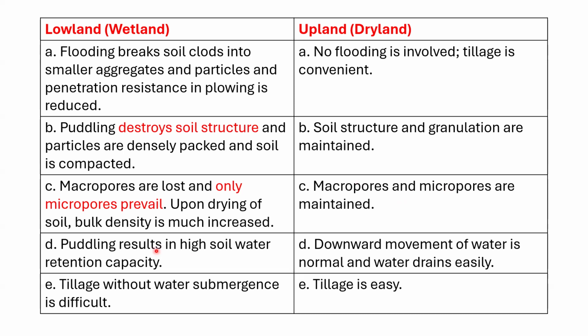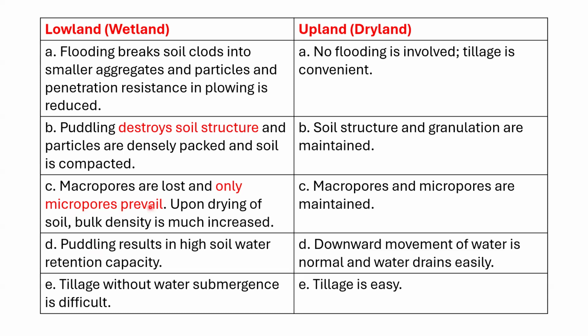Then lowland, puddling results in high soil water retention capacity. So water retention is the work of micropores. Then upland, downward movement of water is normal and water drains easily. So drainage is the function of the macropores. Retention is the function of the micropores.